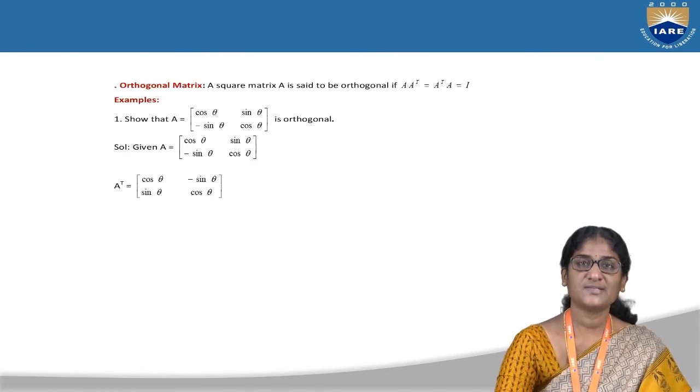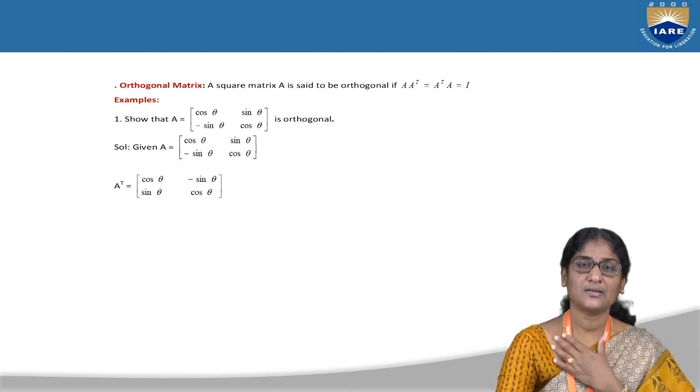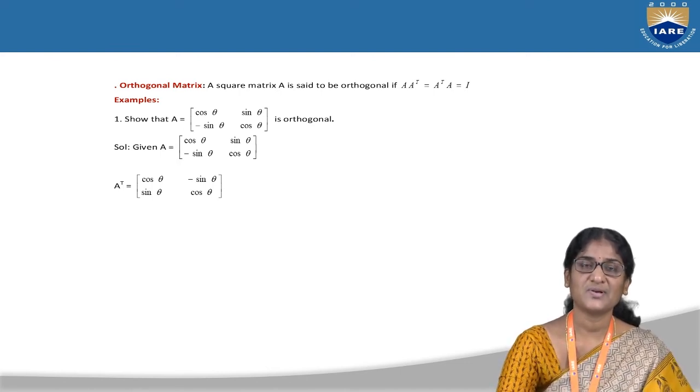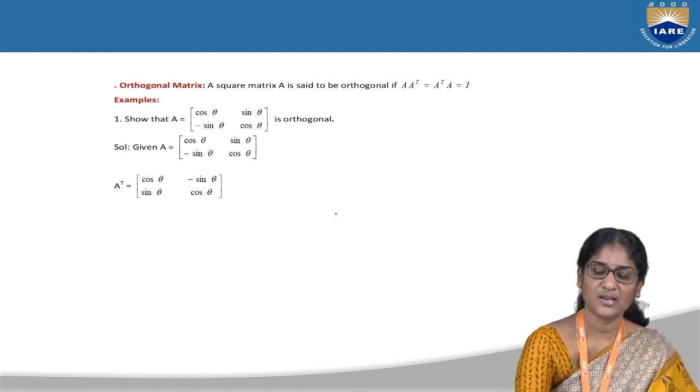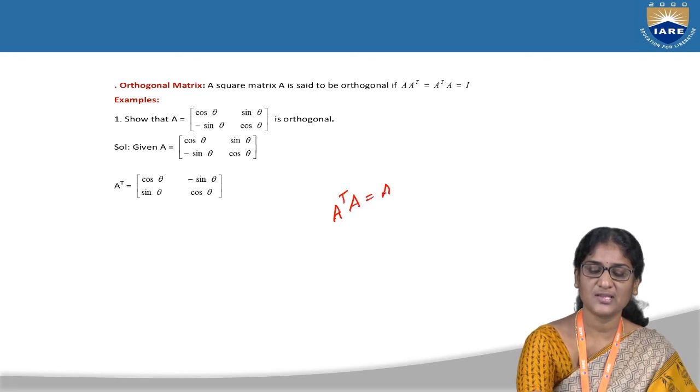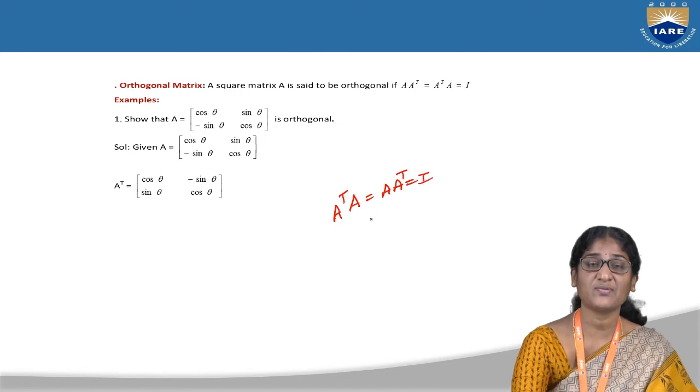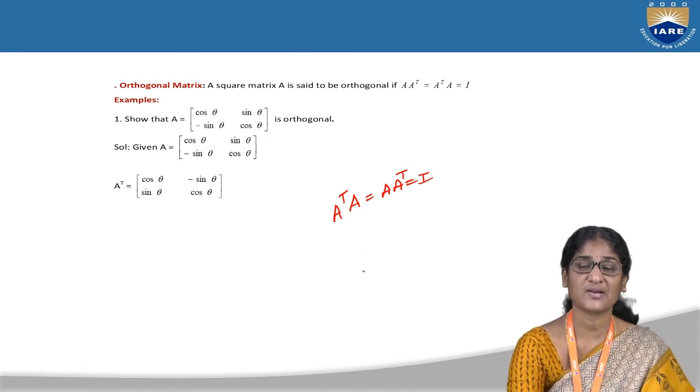Now, the next property that we can talk about is on real matrices, that is, the orthogonal matrix, right? A square matrix capital A is said to be orthogonal if A transpose into A is equal to A into A transpose is equal to the identity matrix. It is a property defined on square matrices, not on rectangular matrices, right?